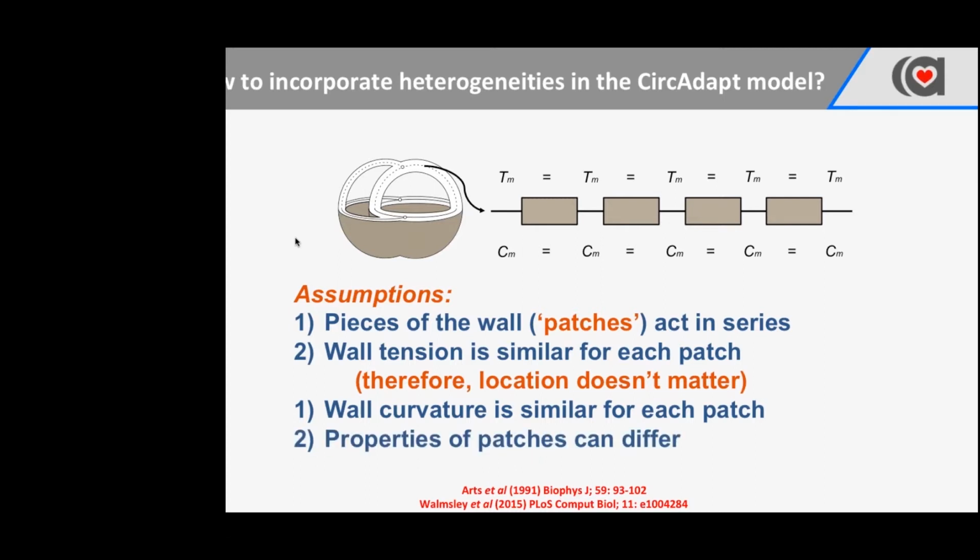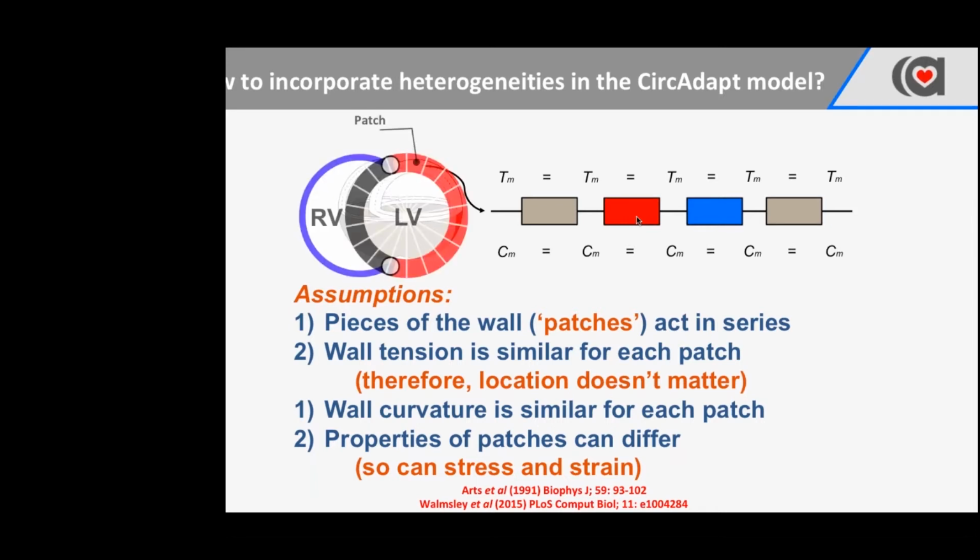And then what we also got is that the properties of patches can differ. So you see that the transmural wall tension is everywhere the same, the curvature is everywhere the same, but the tissue properties, the activation time or the passive properties or contractility, they can change per patch. And location doesn't matter, so it's not a matter of blue-red being different from red-blue.